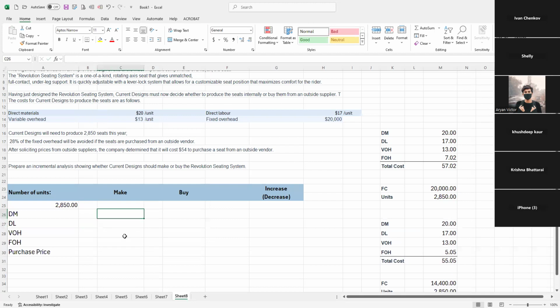Like this. So I'm making it, per unit. Here per unit is 20, 17, 13, and 14, we already established 702, correct? How much will be in total?